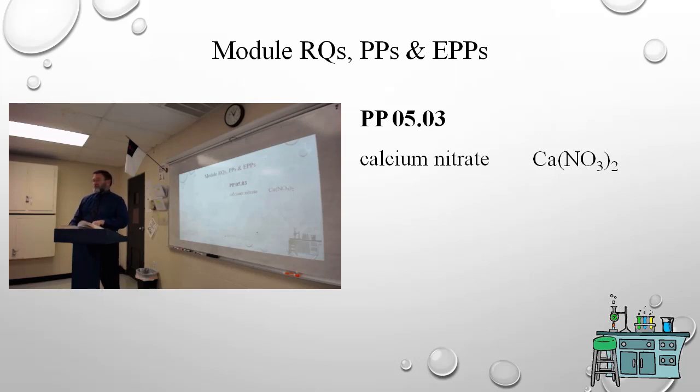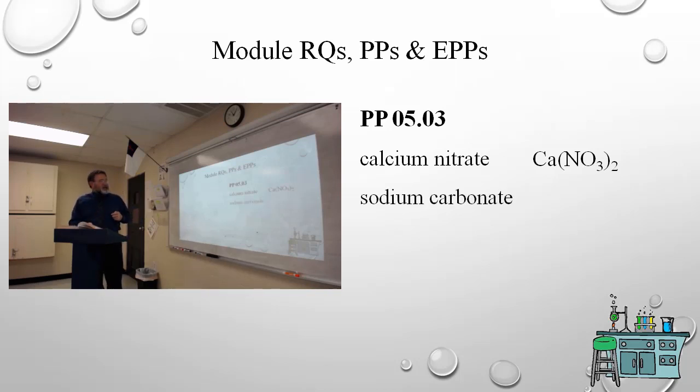So it's got a charge of -1. I have 2 of them, so I have -2, right? I've got 2 negative from the 2 nitrates, and calcium is a column 2A element, so that makes sense. I've got a 2 positive, and I need 2 at 1 negative each to balance that out. So that's my calcium nitrate.